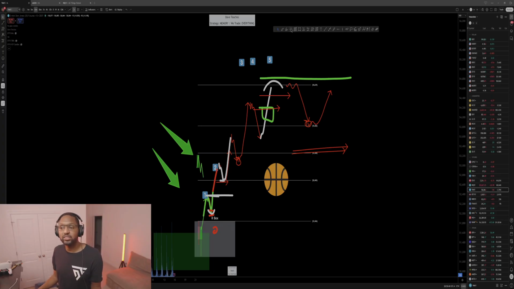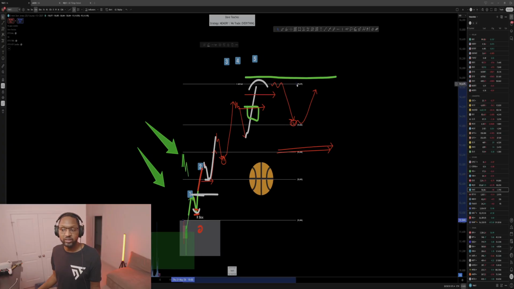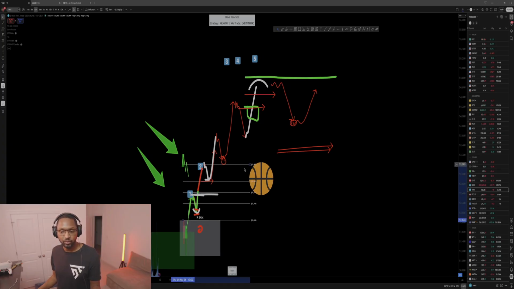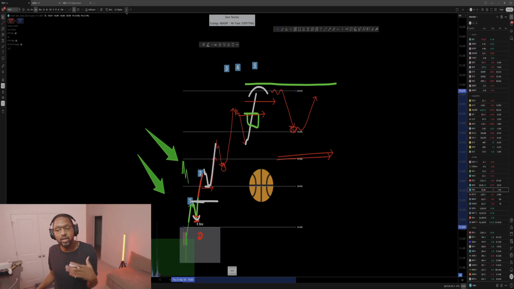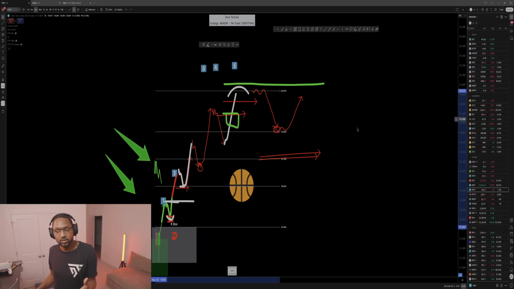We know that at some point the 30 can fail. The 30 can even fail on the second swing down here. We could have that tap onto the 30. It fails to put in a high. We go down into the 50 and then actually move higher off of the 50 from the second swing. The Fib is just telling you what to anticipate, what to expect, right?